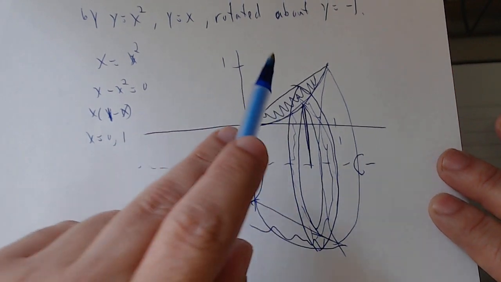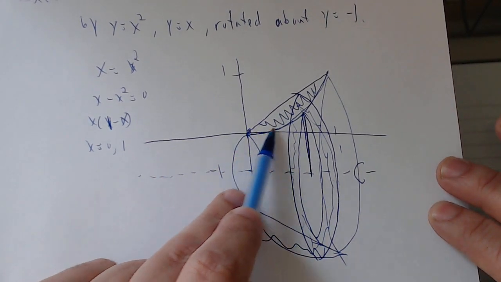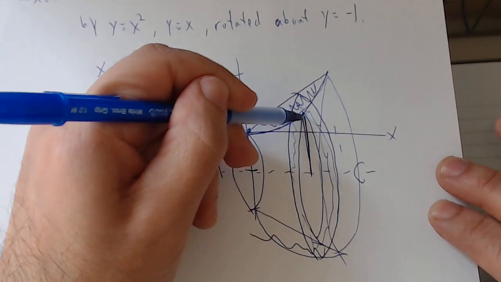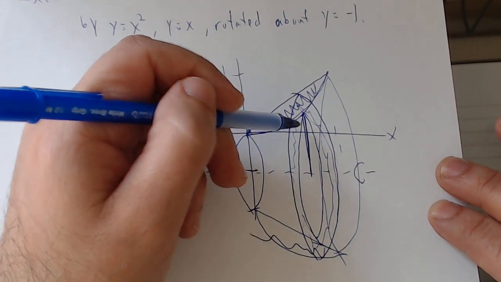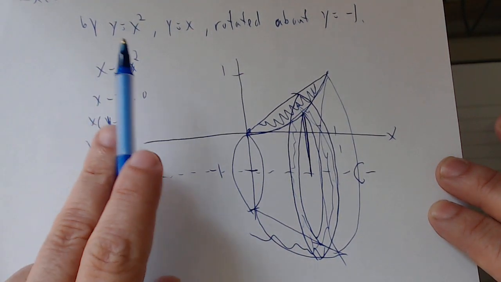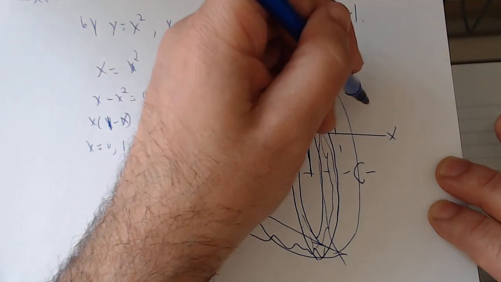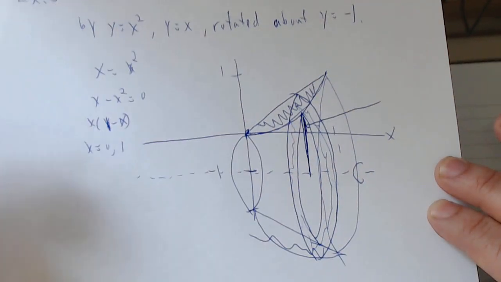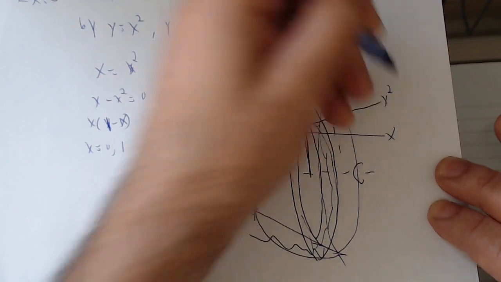However, the equation of the curve, x squared, only gives me the distance from the x-axis to the curve. So the radius of the small circle, unfortunately, is not going to be x squared, because this distance, that much, is x squared.